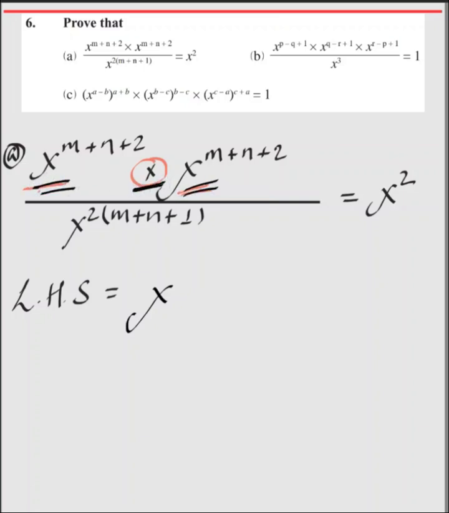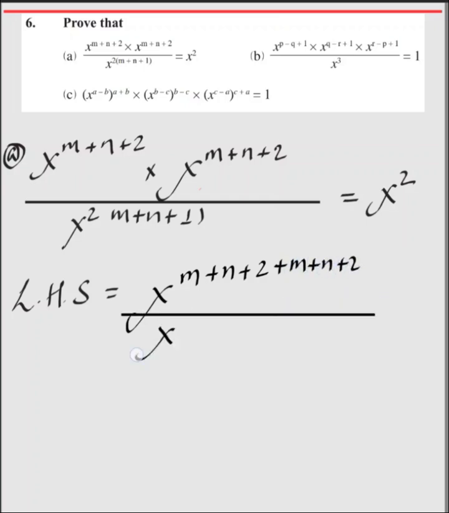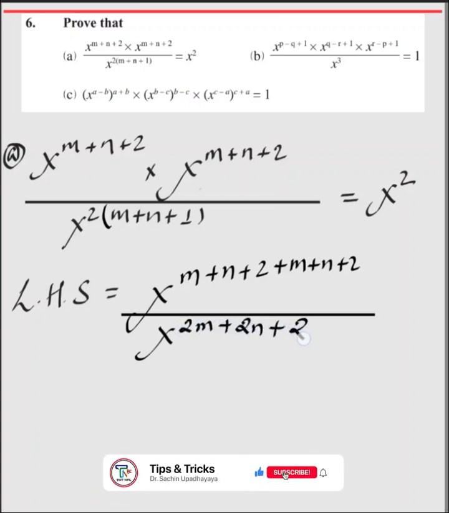Add the power: m plus n plus 2 plus m plus n plus 2 divided by x, bracket in here, 2m plus 2n plus 2.